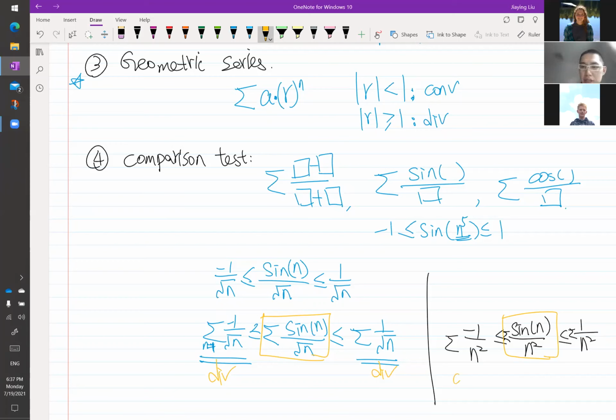Using the p-series test, this is convergent and this is also convergent, so the series between them is convergent. But the one on the left was divergent. So just looking at sine and cosine itself, we don't know if it's convergent or divergent. It depends on the other parts in that series.